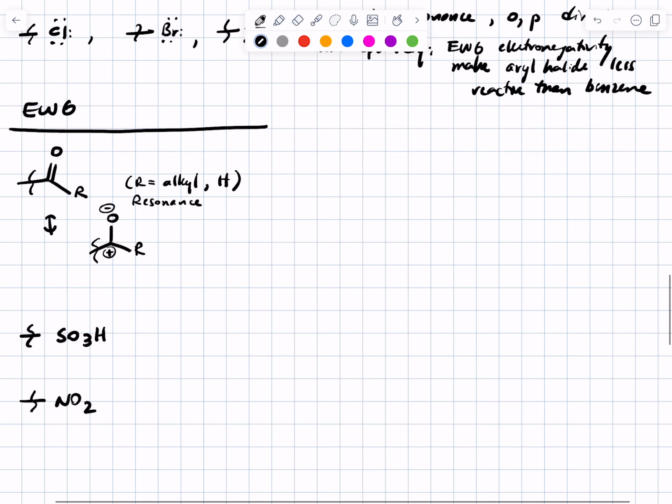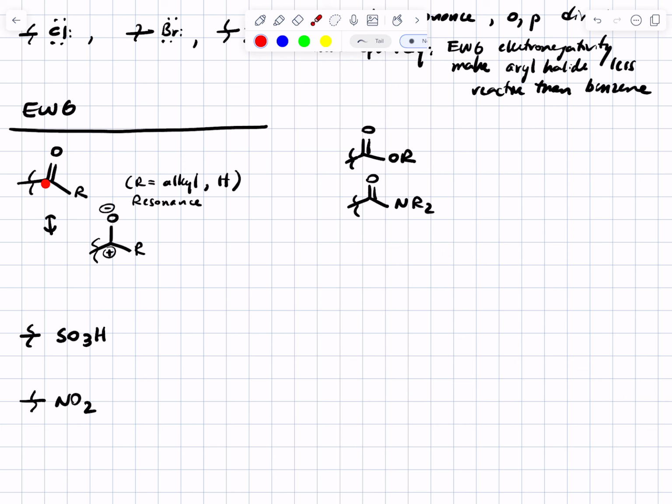You can probably rank carbonyl compounds in terms of their ability to withdraw electron density based on what you already know from earlier this semester with their reactivity. For example, you know that aldehydes and ketones are more reactive, that is more electron poor, than esters.